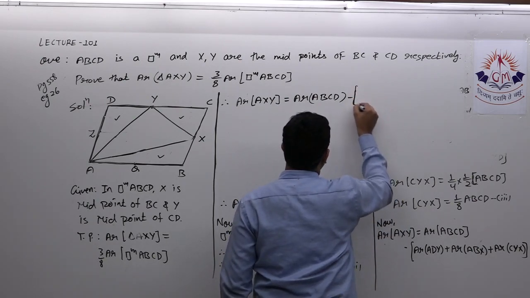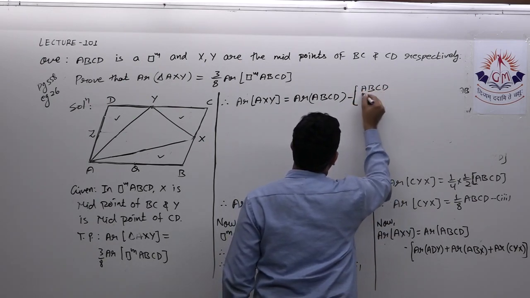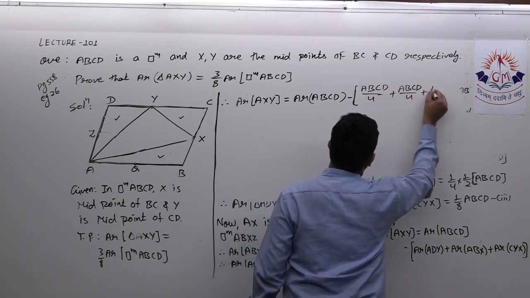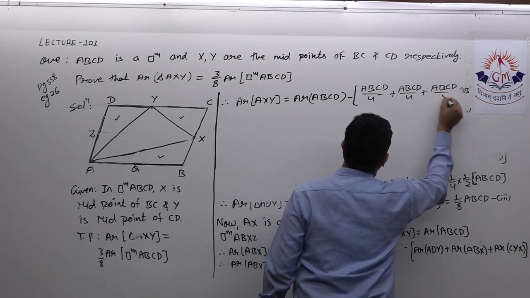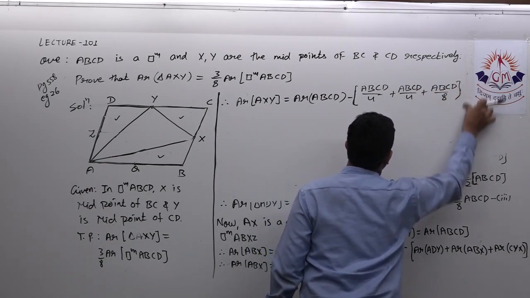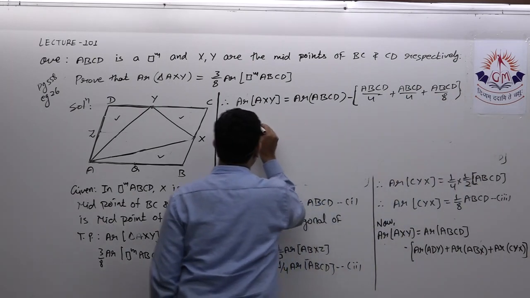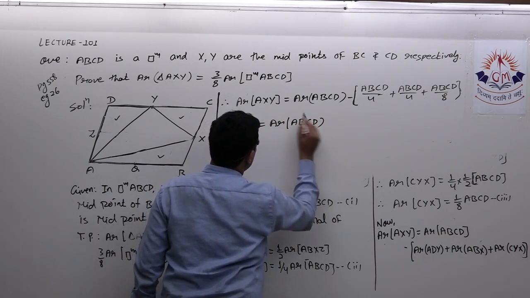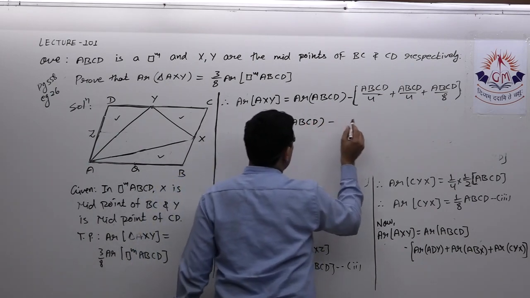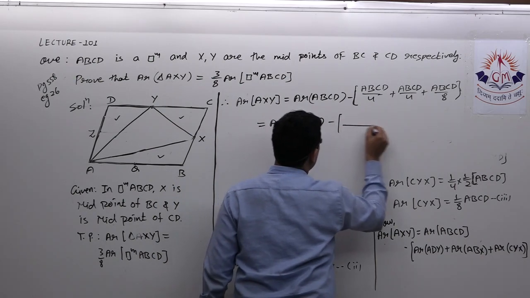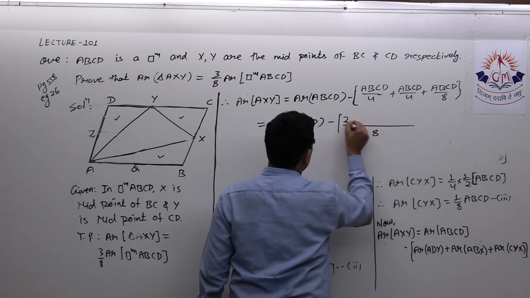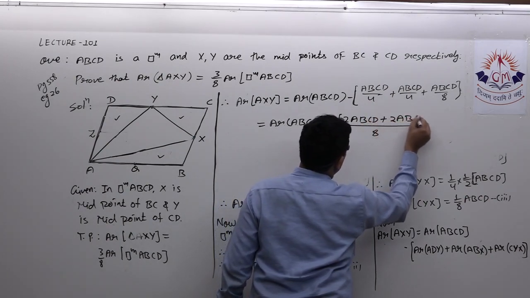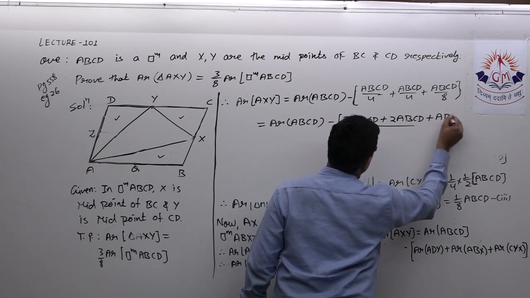So here I write ABCD by 4 plus ABCD by 4 plus ABCD by 8. So this will be area ABCD minus, here I will take LCM, that will be 8. So 2 ABCD plus 2 ABCD plus ABCD.